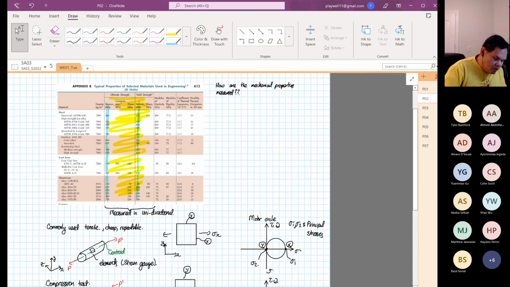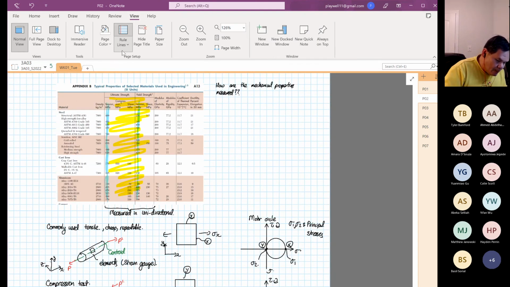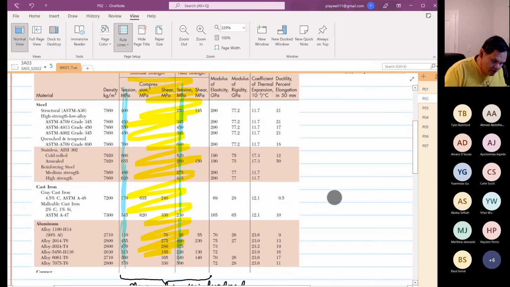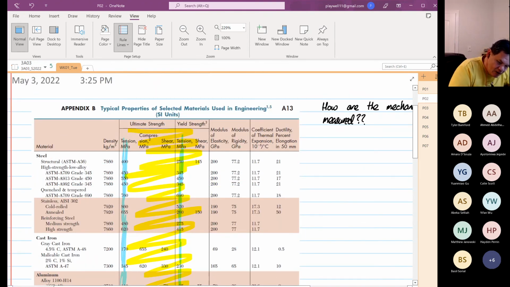Now what I'm trying to say is this: all these values that you see over here, they are all your principal stress. For tension, these are all your principal stress. Your shearing stress is your maximum shear stress.